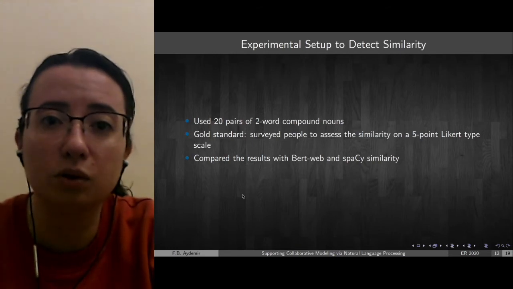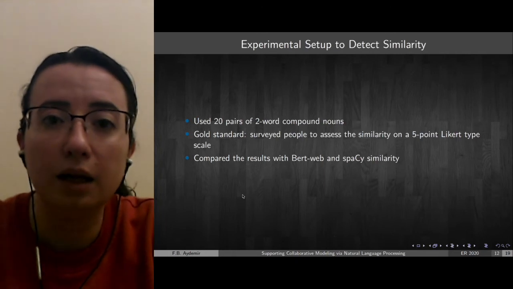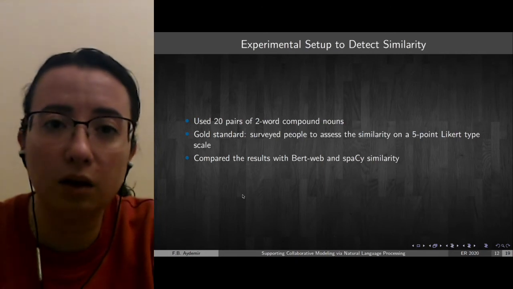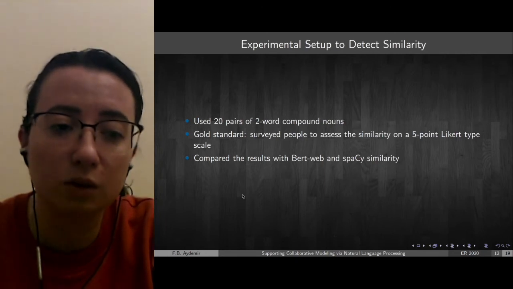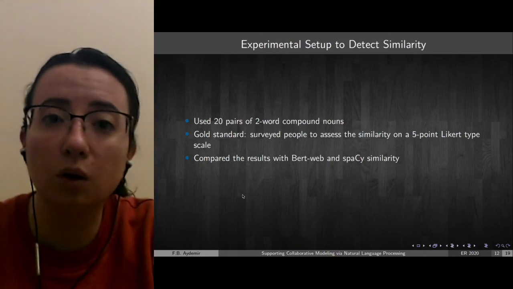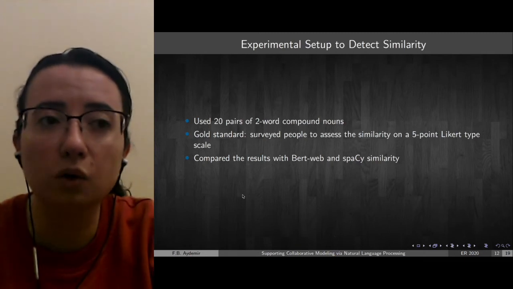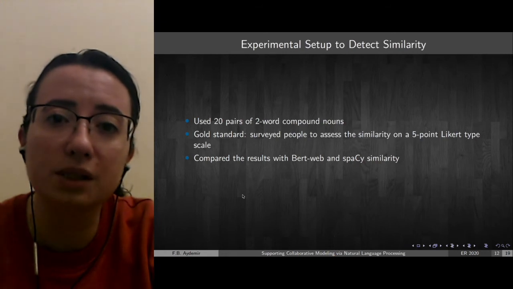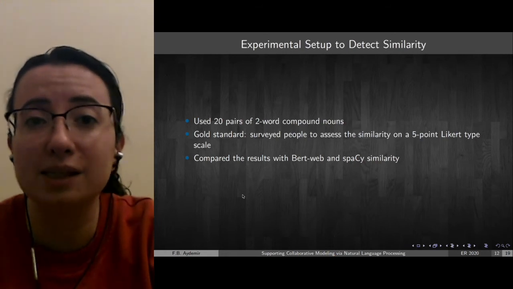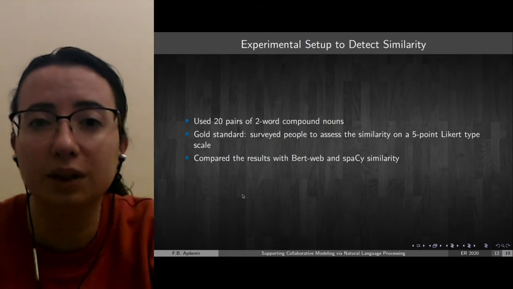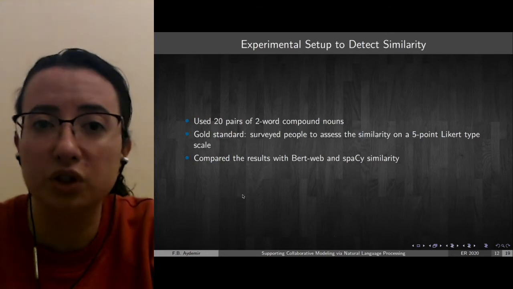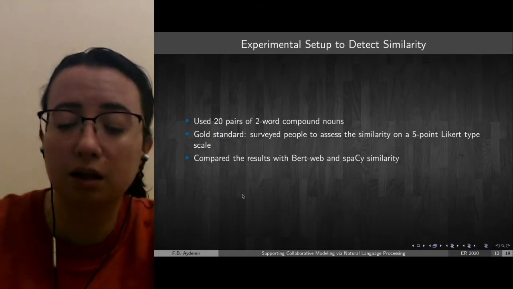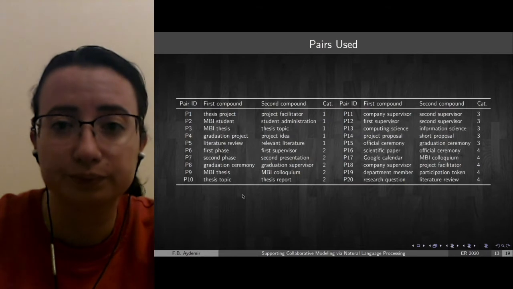Their assessment was on a 5-point scale, and at the end we take the average of the similarity scores. This was our gold standard. We compared this gold standard with our two algorithms, as well as BERT and spaCy, which are publicly available off-the-shelf natural language processing libraries or frameworks.